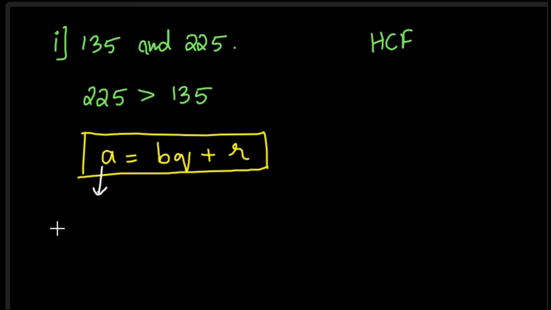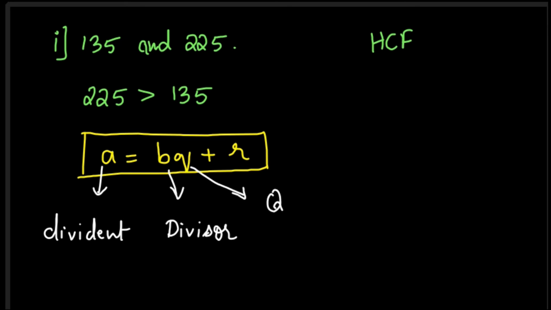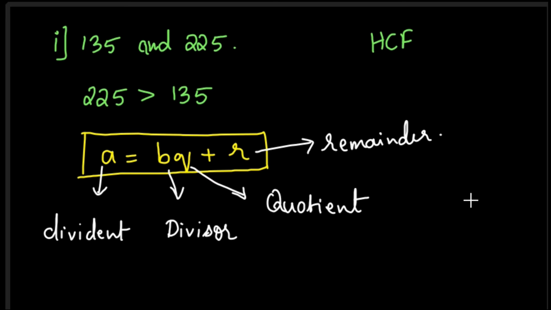A is a dividend, B is a divisor, Q is a quotient, R is the remainder. Where A is greater than B and B is greater than R, R is greater or equal to 0.